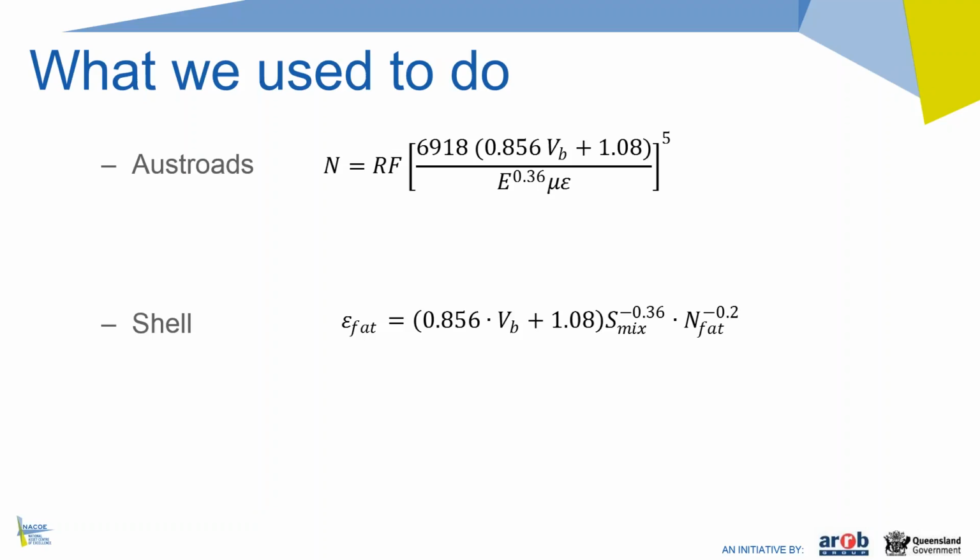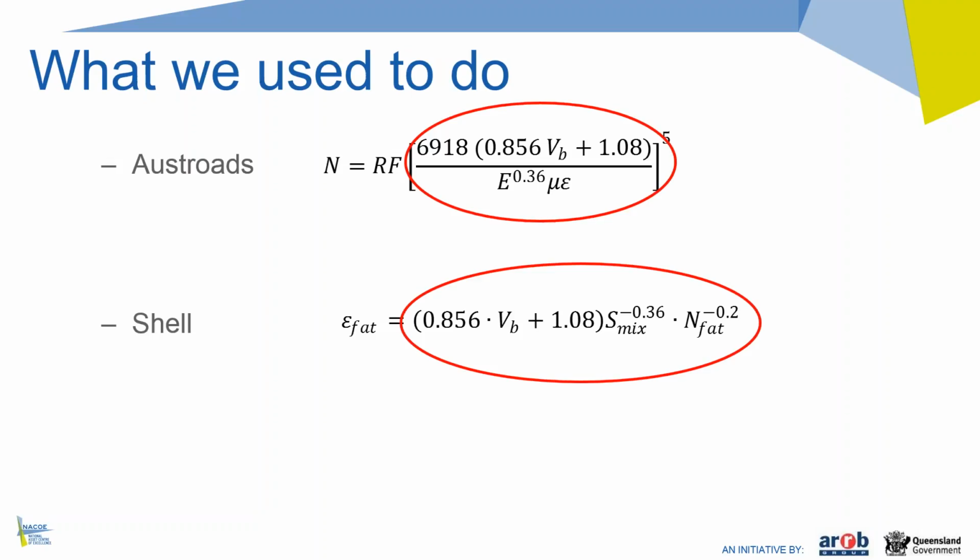Basically what that says is that the number of cycles to fatigue failure in the field is a function of the volume of binder in your asphalt mix and the modulus or the stiffness of the material, that's the E there, which means you can take into account changes in temperature and load frequency as the E is a function of that, and the strain level at the bottom of the asphalt layer. The bottom equation here shows the Shell laboratory model.